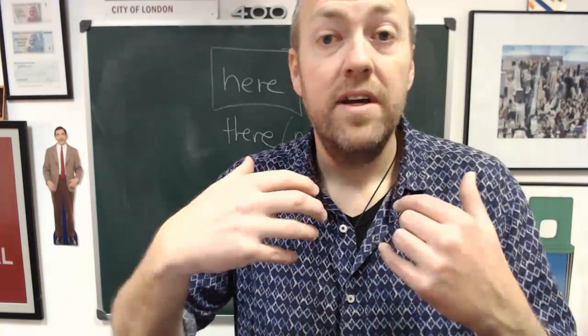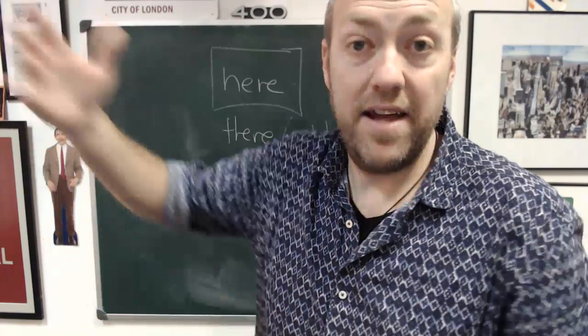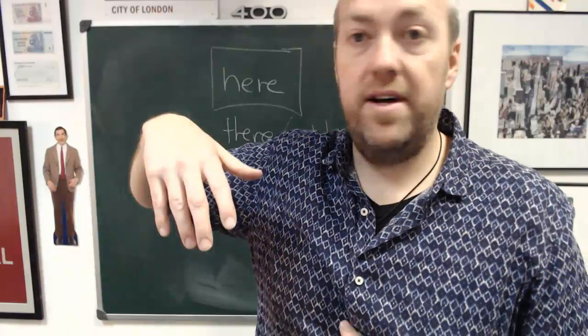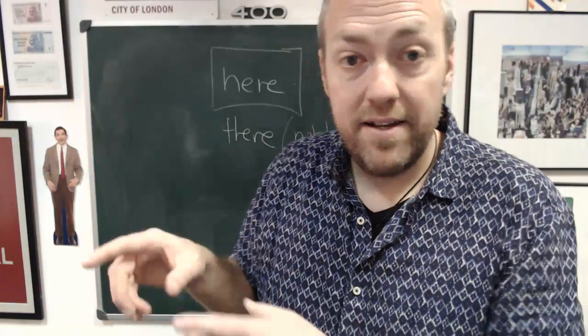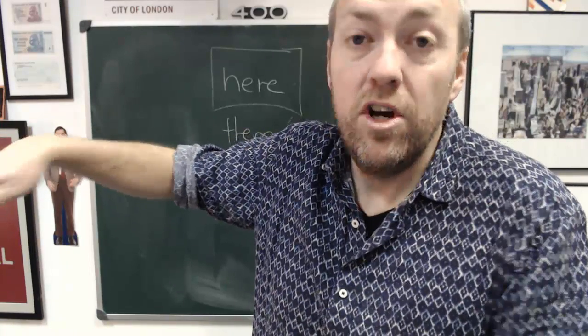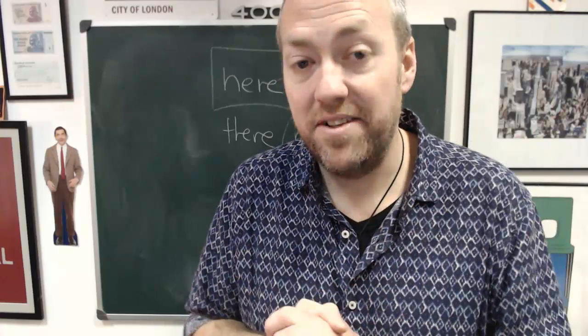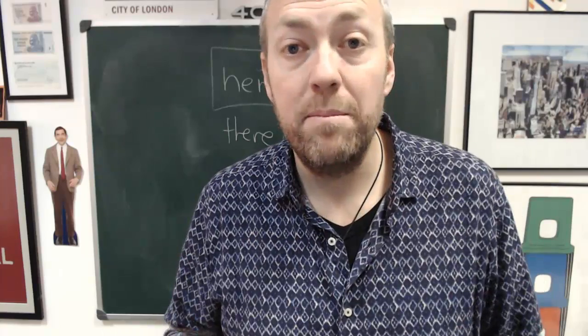And the there could be another country, or it could be another room. It could be 10 centimeters, or it could be 10,000 kilometers. Okay? It really depends. Okay? And also, this is a very common idiom in English, here and there.